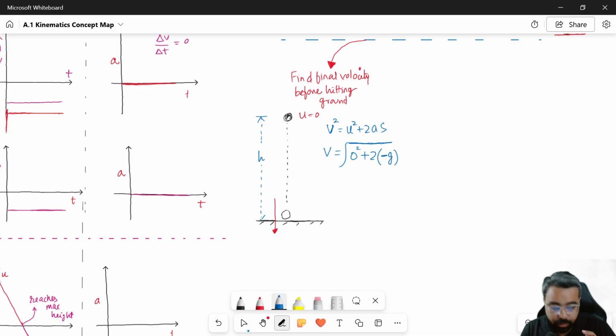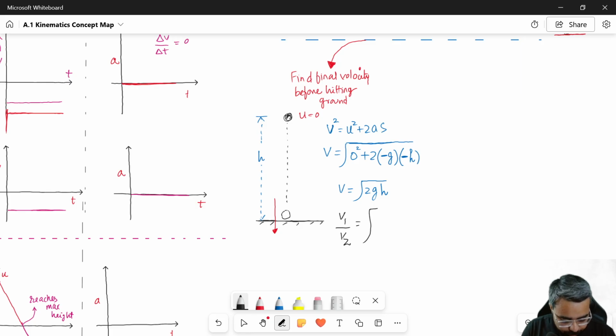Now look at this, acceleration is negative, whereas the displacement covered, look here, it's not a distance, it is the displacement covered, that is negative also. So negative h. So what is the equation we got? That is the square root of 2gh. So in the exam, you can find the ratio of the two velocities, v1 over v2 is equal to the square root of the ratio h1 over h2. I hope you get the idea.